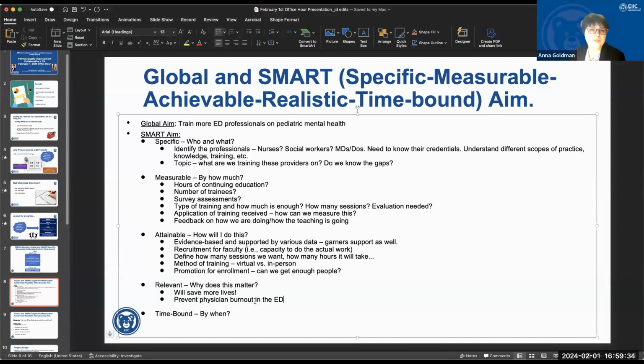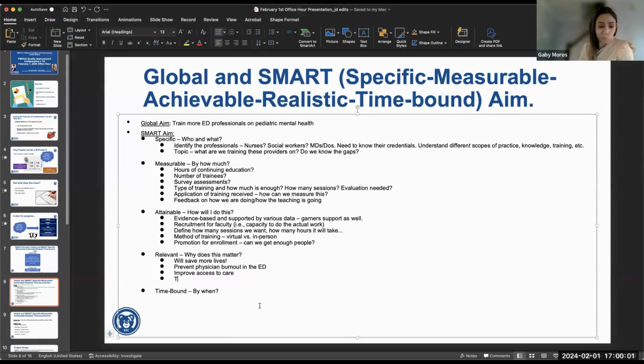Yeah, how about we improve access to care? Right, maybe speed up that process for EDs, and we give them the resources or toolkits to use and make it available to them. Oh, somebody said timely delivery of care. Yes, very good one.